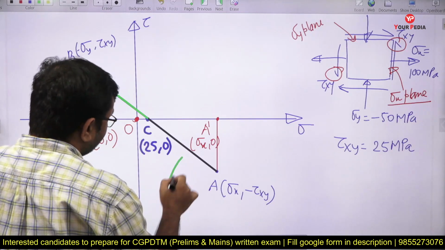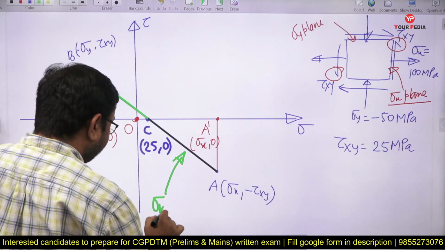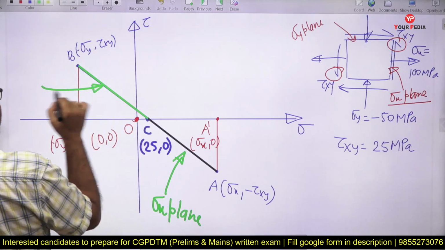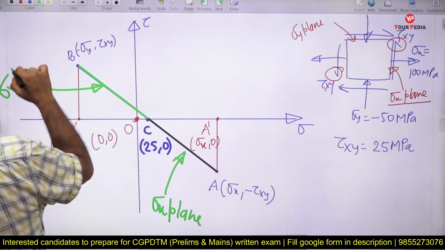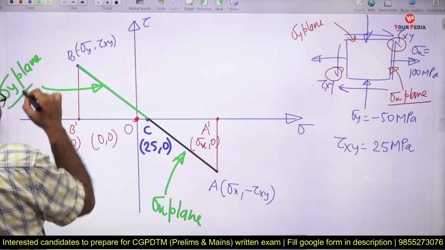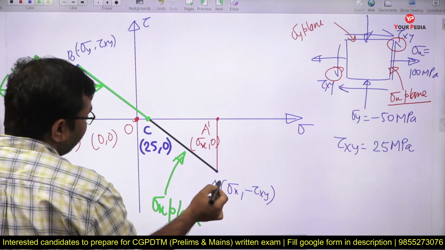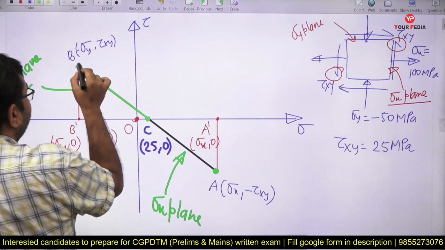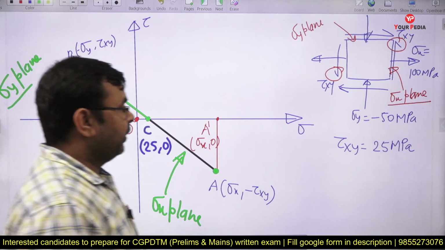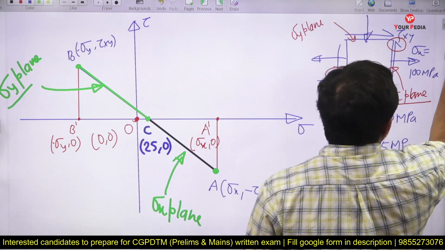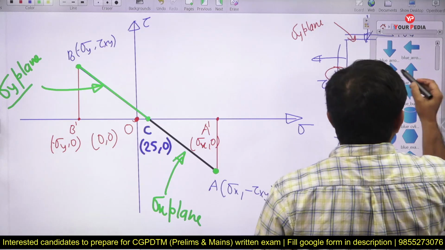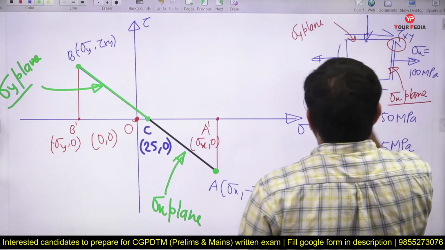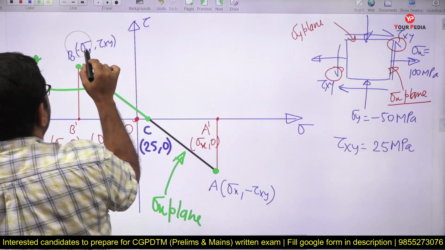From the center to A point is the radius of the Mohr circle, and the center to this point is also called the radius of the Mohr circle. So once you get the radius, center coordinates and center location, then we can draw the Mohr circle. Is it clear? So now let's see how to draw the Mohr circle.